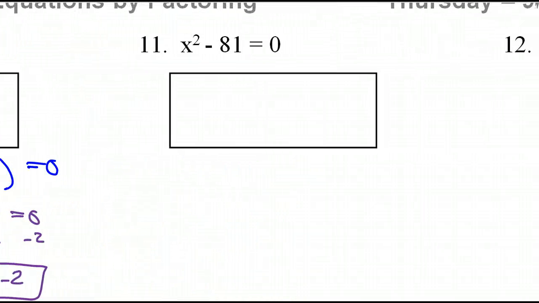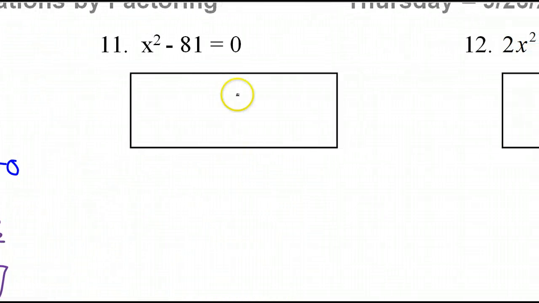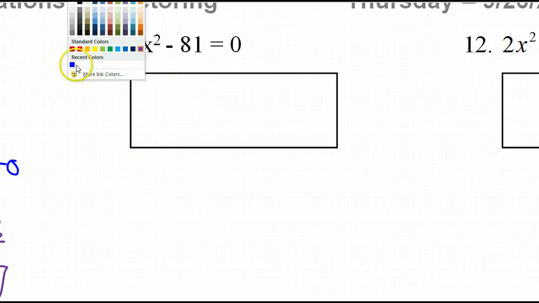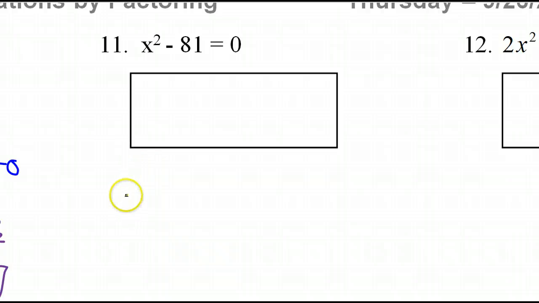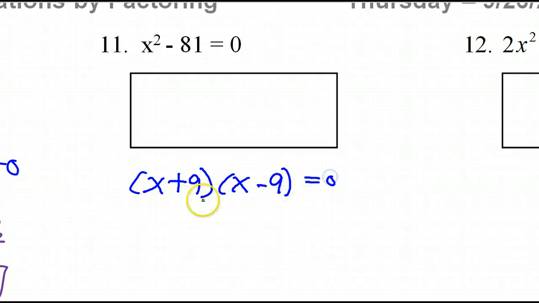Alright, let's take a look at number 11. Alright, we're back to this again. So back to super easy. This will just immediately factor as x plus 9, x minus 9, difference of 2 squares.